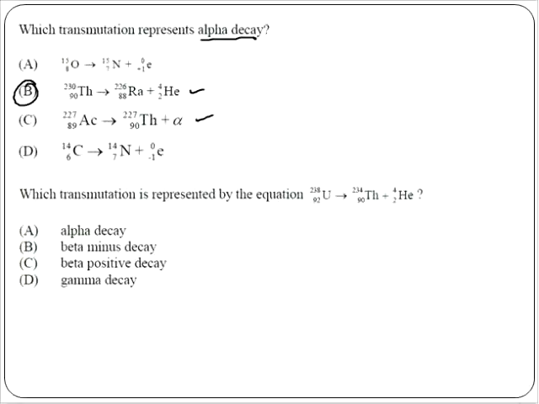Right here, 227 plus 4 will be 231. So that eliminates that one. The numbers don't add up. Which transmutation is represented by that equation? Again, that particle is an alpha particle, so we've had that question before with a different reaction. You look at the particle. The particle tells you which type of decay it is, or which type of transmutation it is.